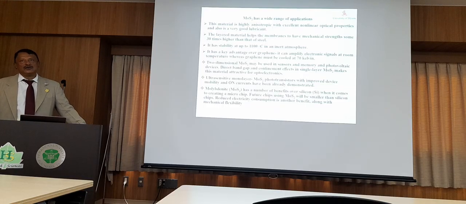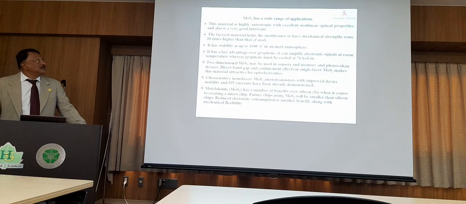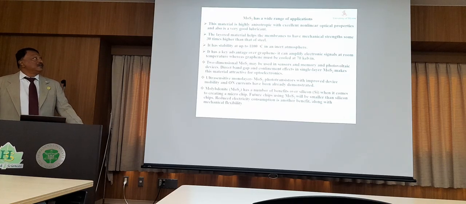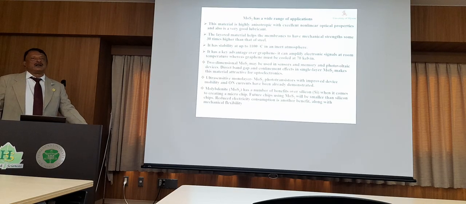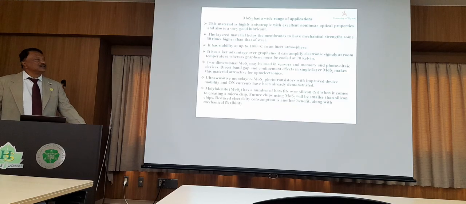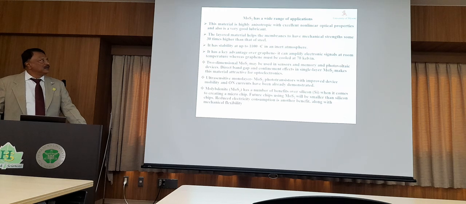We have tested this material, and it is highly anisotropic with excellent non-linear optical properties; optical property is also very important. The layered material gives the membrane mechanical strength some 30 times higher than that of steel.